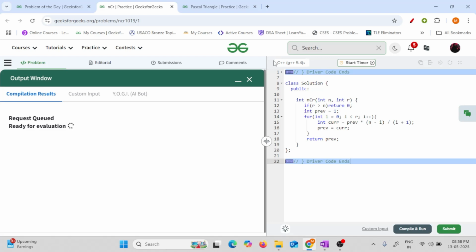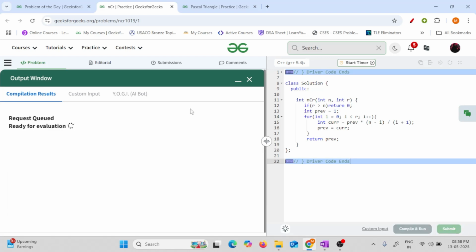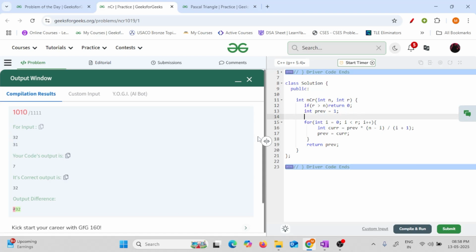Let's compile it, and if it compiles successfully, let's submit it. Yes, it compiled successfully. Let's submit it. For 32 and 31 there is a problem; I forgot one case. Can I do r equal to the minimum of r and n minus r? We can do this as well. If you know combinatorics and the binomial coefficient rule, you can easily do this.